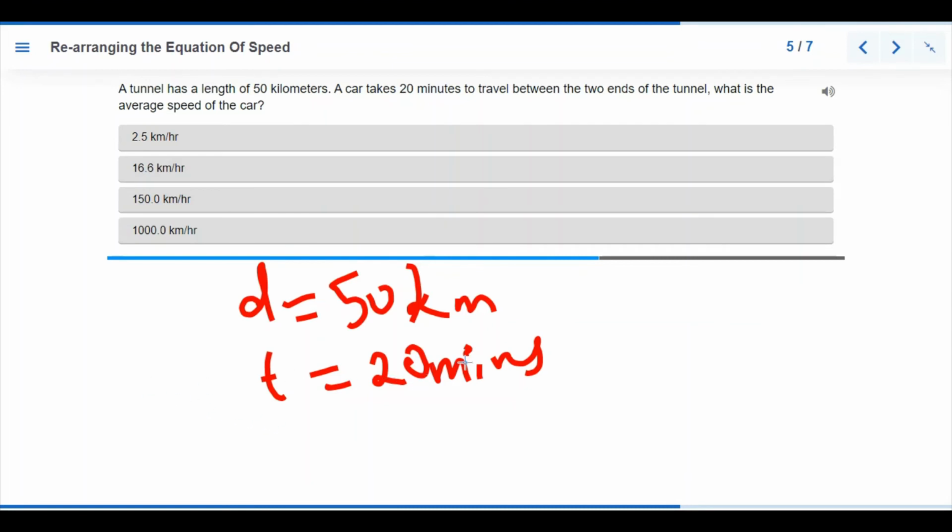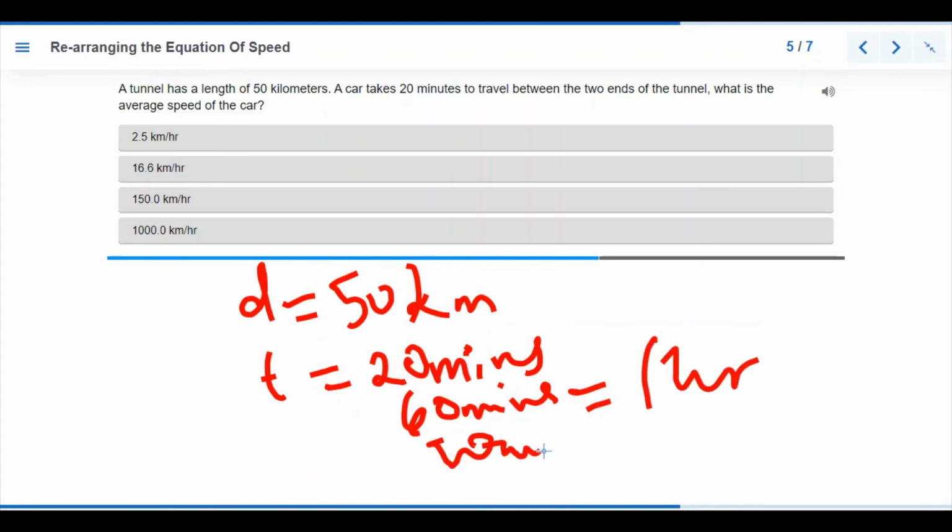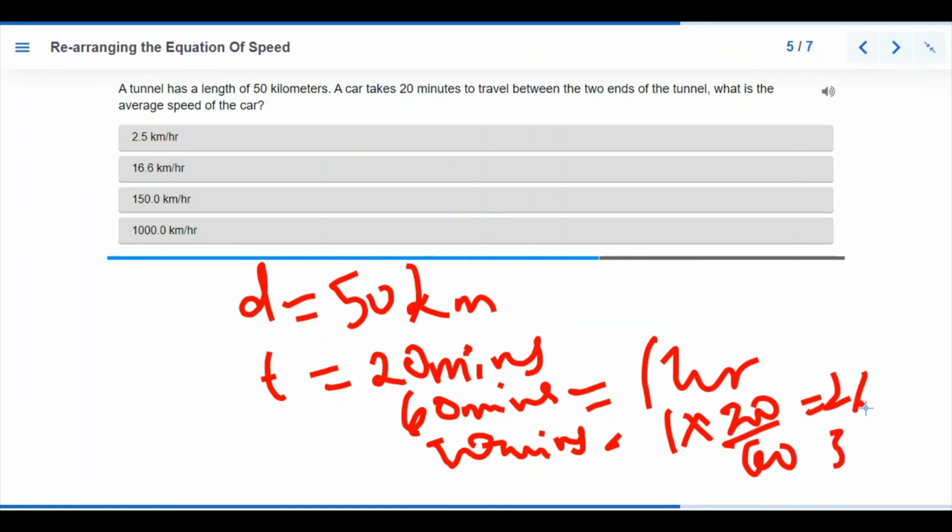We have to convert the minutes now to hours. 60 minutes is 1 hour. 20 minutes will now be 1 times 20 over 60, and that's 1 over 3 hours.